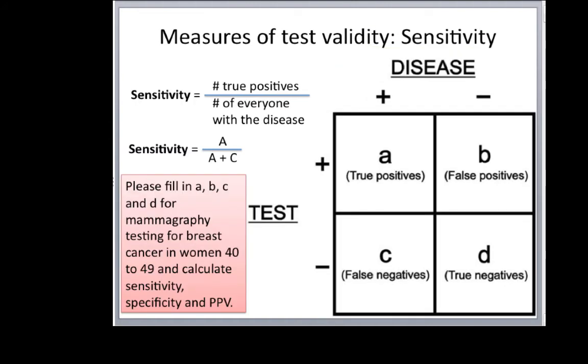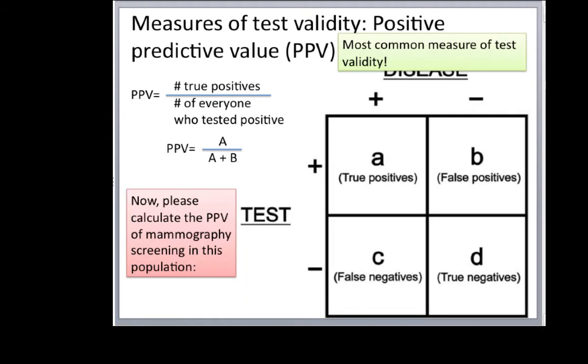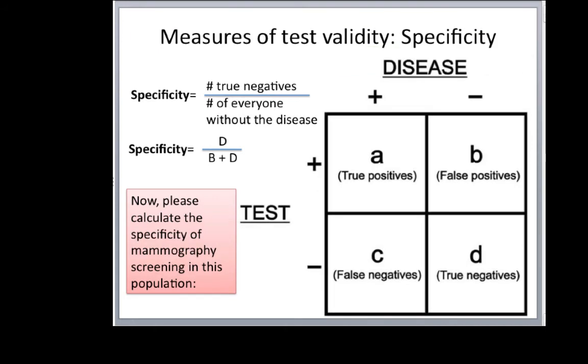Sensitivity is just the true positives divided by the total number of people with the disease. Positive predictive value is again true positives divided by the total number of people who tested positive, A plus B. And specificity is the number of true negatives divided by the number of people who really don't have the disease.